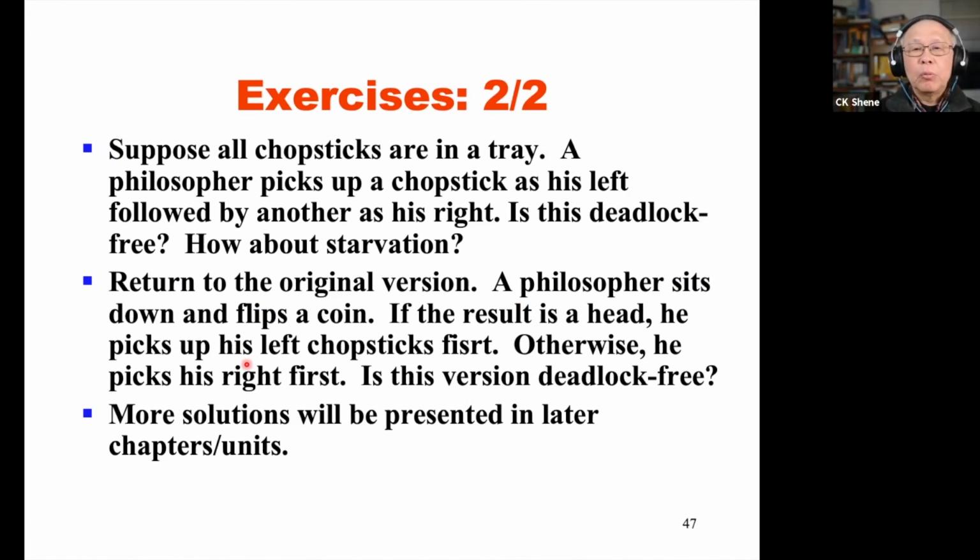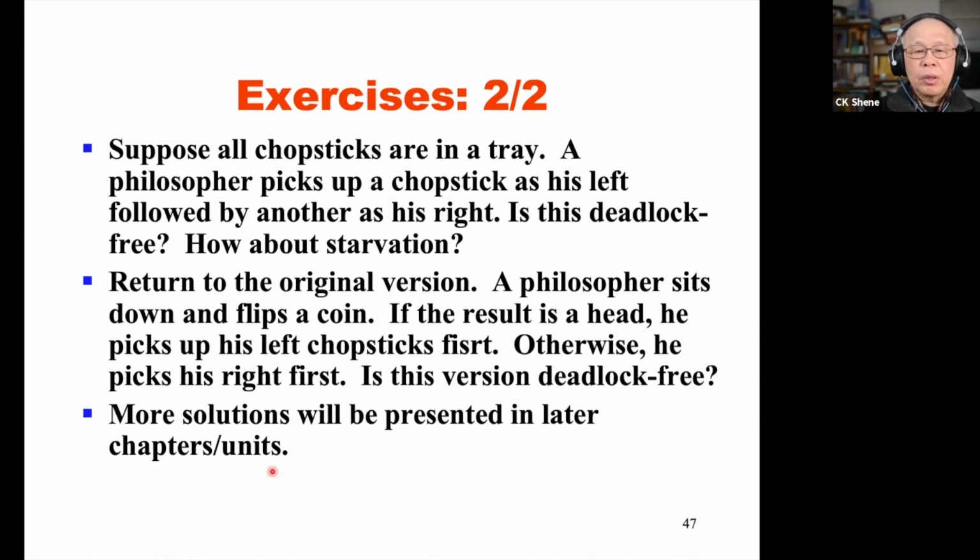So we flip a coin to determine whether I need to pick up my left first or my right first. Is this version deadlock-free? Furthermore, is this version starvation-free? If it is not, use an execution sequence to illustrate that at least one philosopher could have no chance to eat.